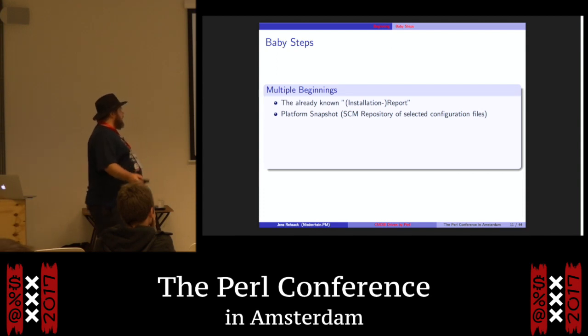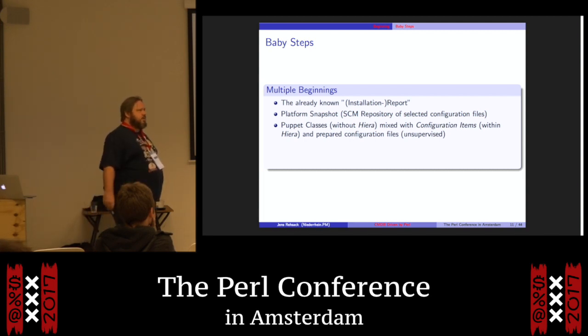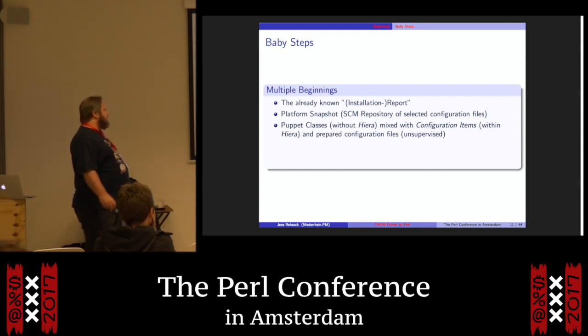We had the installation report, we had some snapshots of the configuration files, we had some Puppet classes that were Python or Ruby code, I don't know what Puppet is written in, mixed with some configuration items in Hiera and some prepared configuration files by the operators, completely unsupervised.